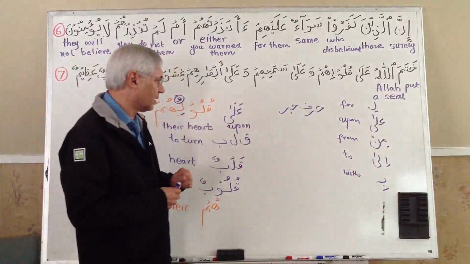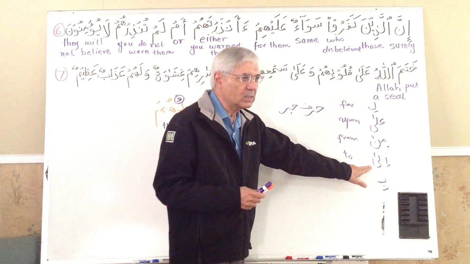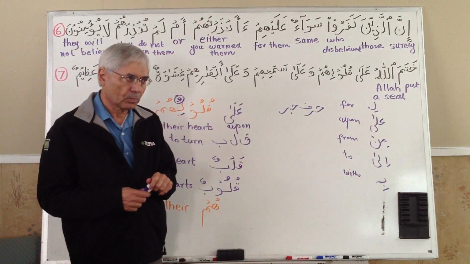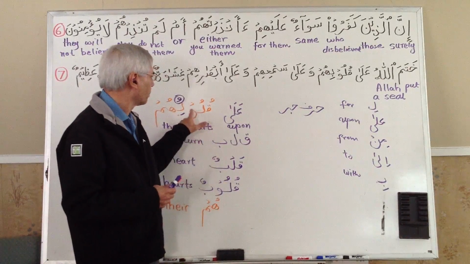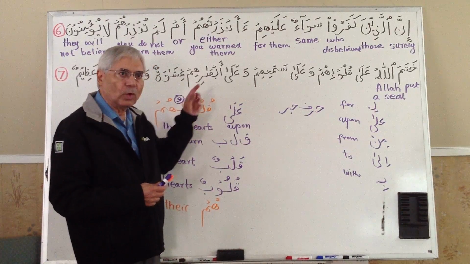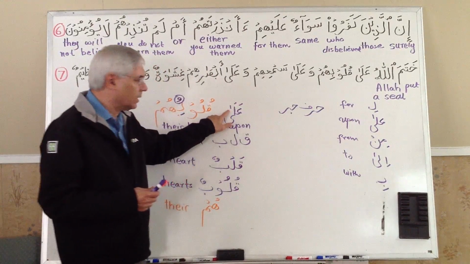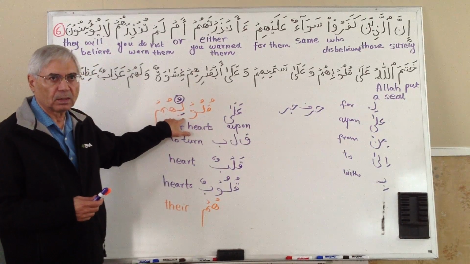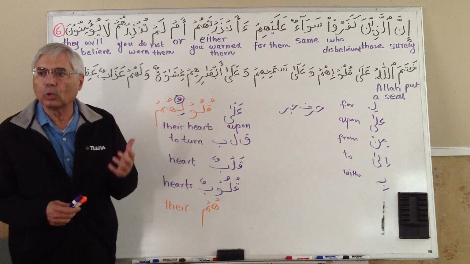Whenever any of these come before a noun, and in this case the noun is qulubo, on the last letter of the noun, these harf jar change dhamma to a kasra. So instead of qulubo, it will become qulubi.